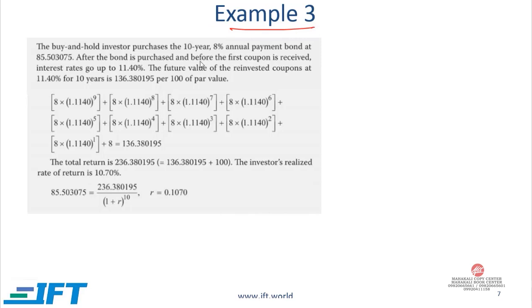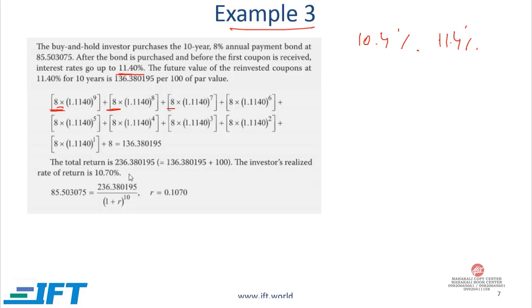Example 3 demonstrates what happens if interest rates go up from 10.4% to 11.4%. What this means is that all the coupon payments are now being reinvested at a higher rate.